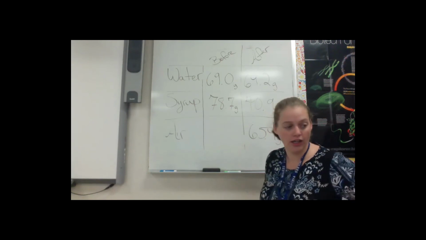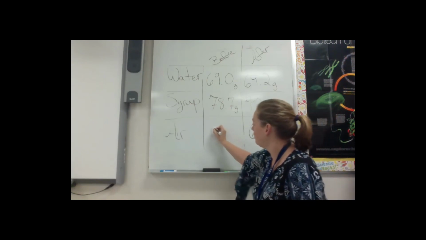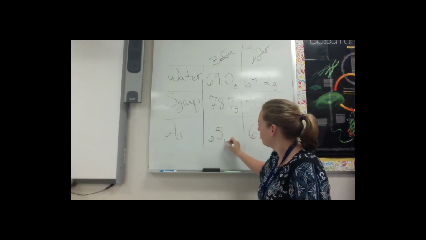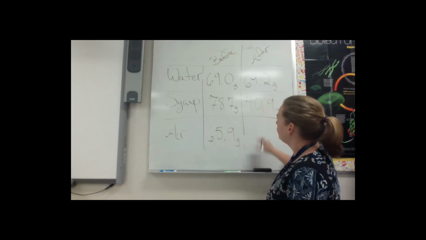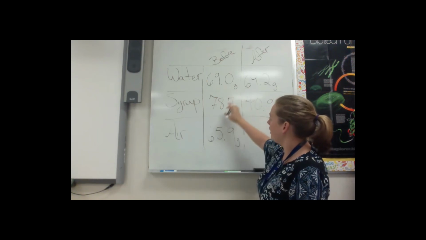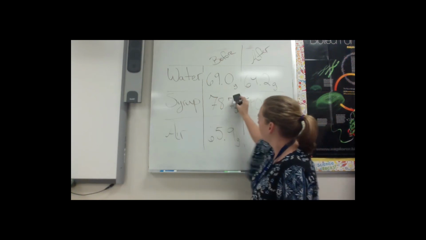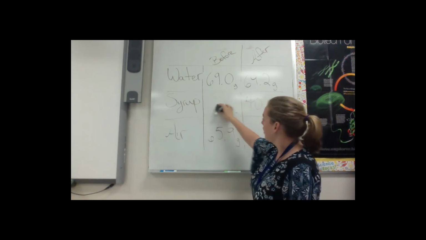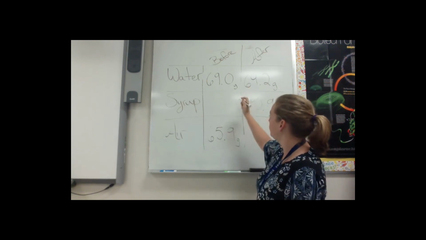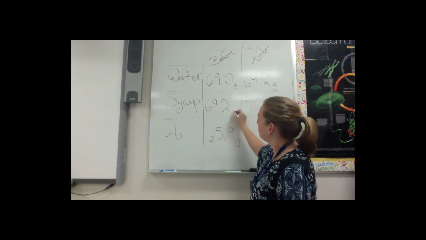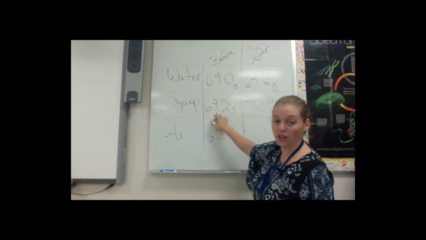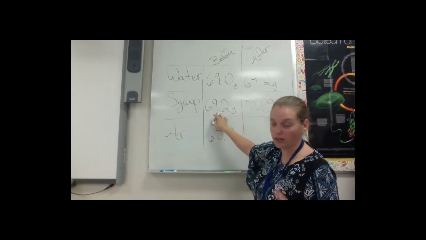So our air egg is at 65.9 grams. Since we switched our water egg and our egg soaking in syrup, I'm going to take the mass of my former water egg, which was 69.2, and this was the mass that the egg soaking in syrup today had yesterday.